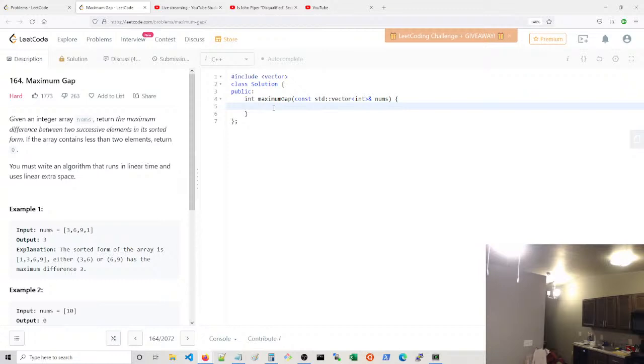So what's interesting about this is the difference between these two elements, and it's in sorted order. So it's not the absolute difference, it's just the difference.